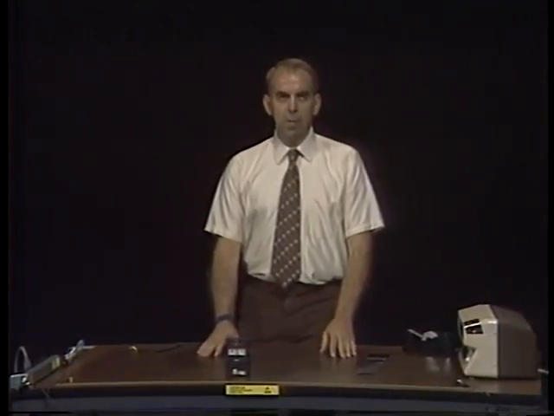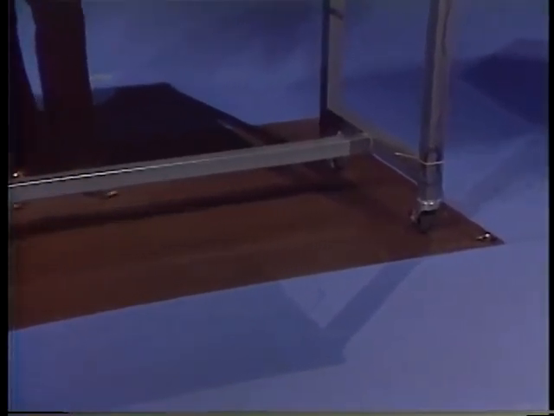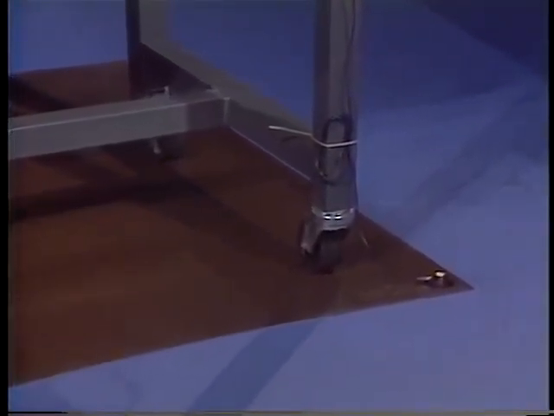In the event that a table mat is not possible, floor mats may be used. And I'm standing on an example of one of these floor mats. It's a material very similar to the table mat, and in the corner is a grounding snap, which you can see is connected via a cable to a snap on my table mat.